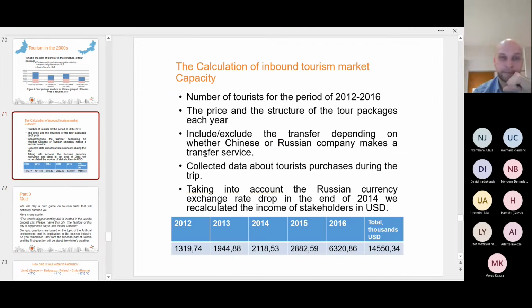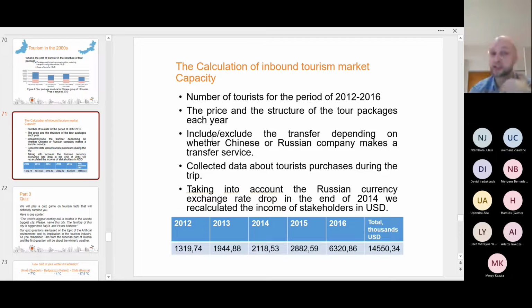So here is the calculation of the inbound tourism market capacity. First, we have the number of tourists for the period of 2012 to 2016. Then we have the price and the structure of the tour packages for each year, because as I mentioned earlier, we took 55% of the entire tourism flow, and we really know the structure and the prices for all the services that the product includes.